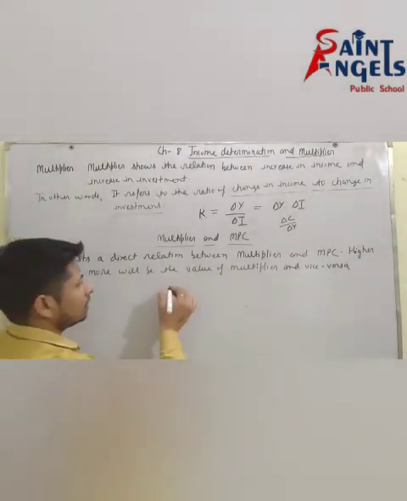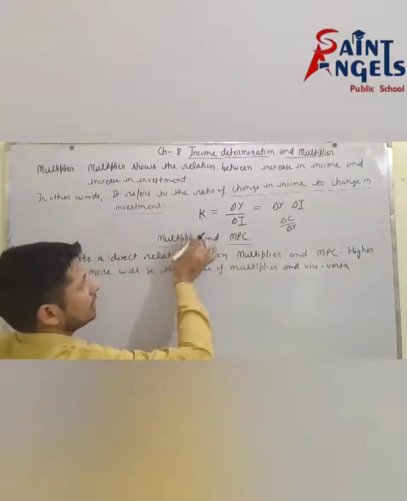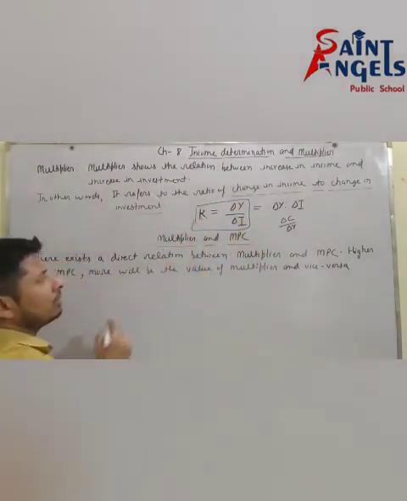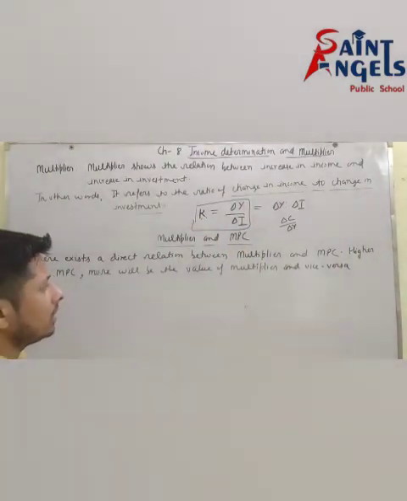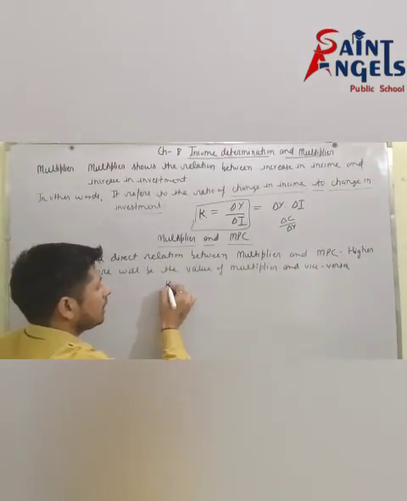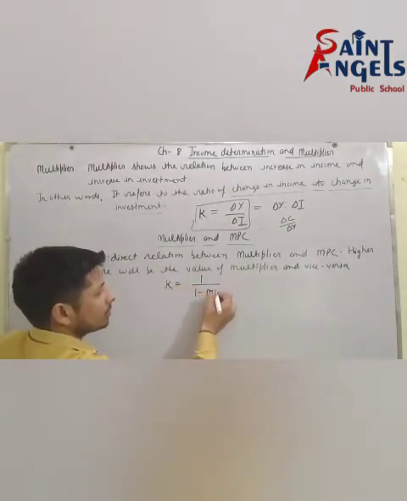See, now there is another formula of multiplier. This is one formula of multiplier, and here is another formula of multiplier. K is equal to 1 upon 1 minus MPC.